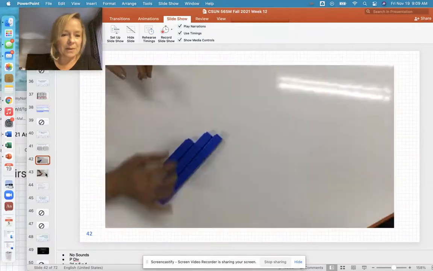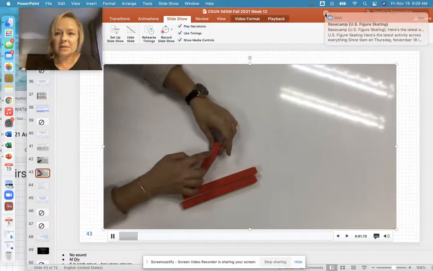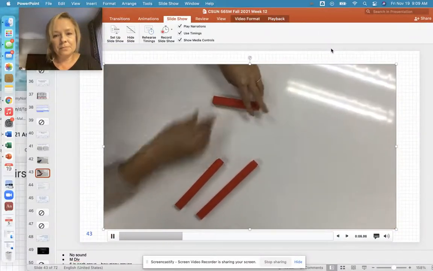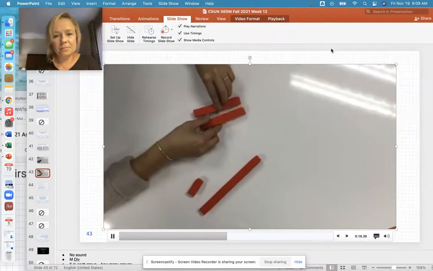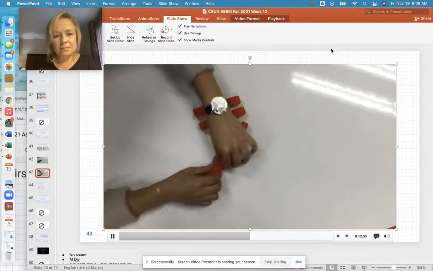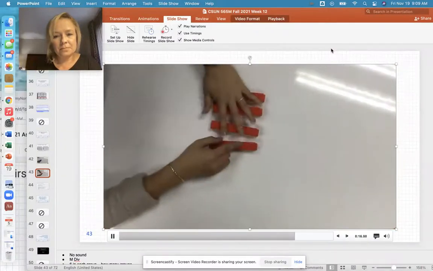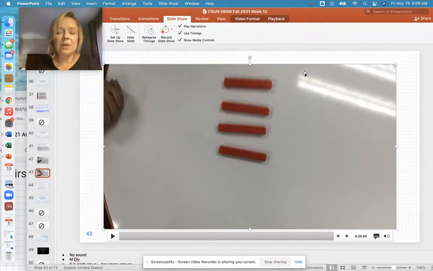Now let's look at the next one. Again, 24 divided by 6. And so she now has created 4 groups of 6 where she measured out 6 cubes in every group.